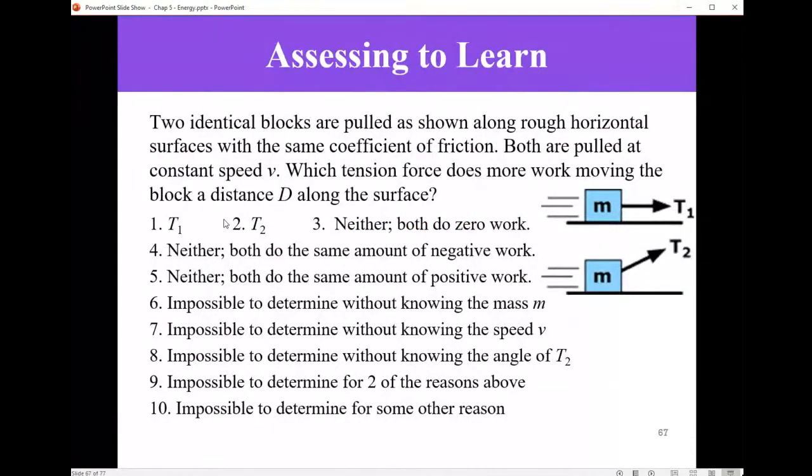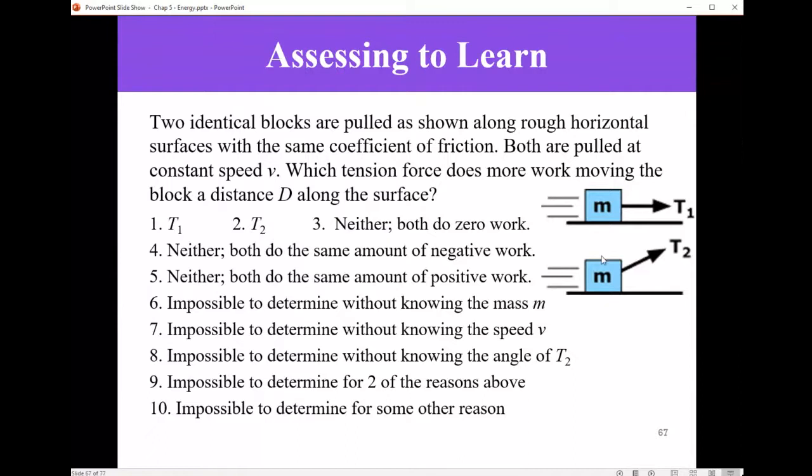Two identical blocks are pulled as shown along a horizontal surface with the same coefficient of friction. Both are pulled at constant speed v. Which tension force does more work moving the block a distance d along the surface?